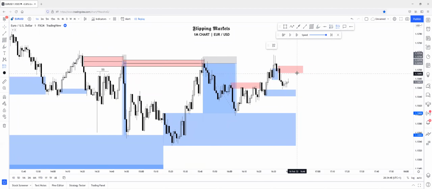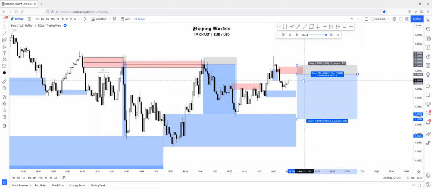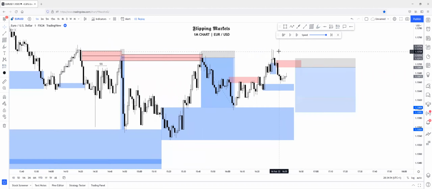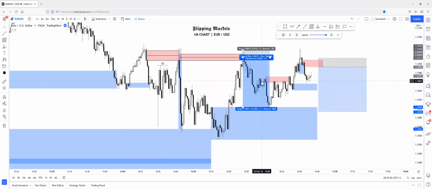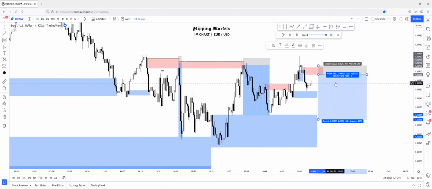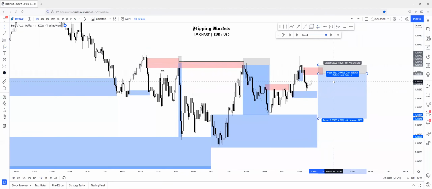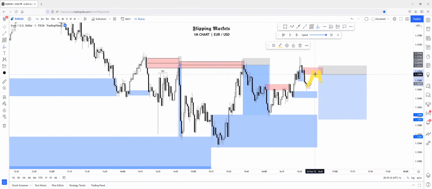Let's see if we can set an entry limit on this zone. A full body entry at this zone will be okay, because actually if price, I just see the 50% entry. Actually, if price goes up this high, there will be a reversal and continuation of the bullish order flow rather than the continuation of the short order flow. So let's say if price reacts on this zone and respects our stop loss, it has a chance to continue the overall bearish order flow.